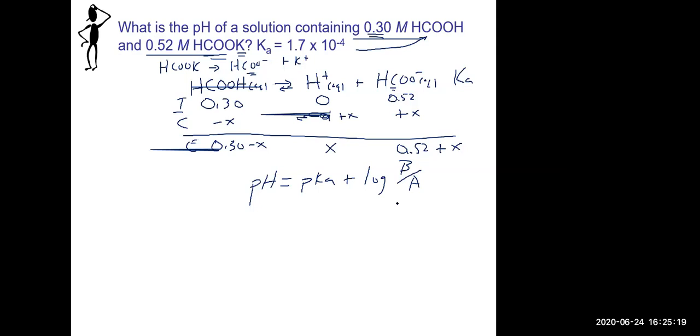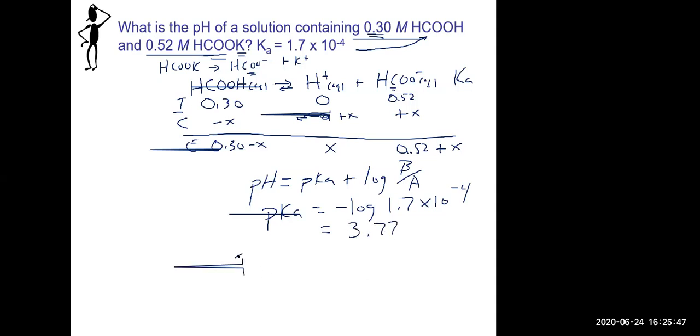We do need to calculate the pKa value. So the pKa value would be minus the log of 1.7 times 10 to the minus 4 on this one. And if we do that, it looks like we get 3.77 as our pKa.